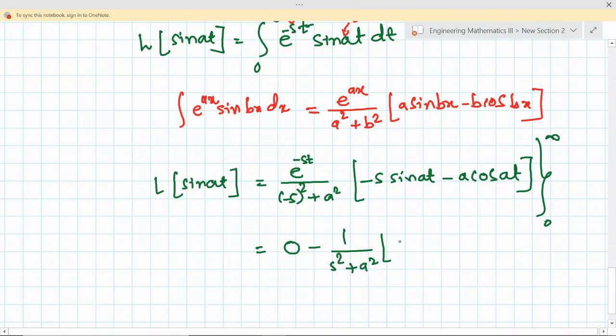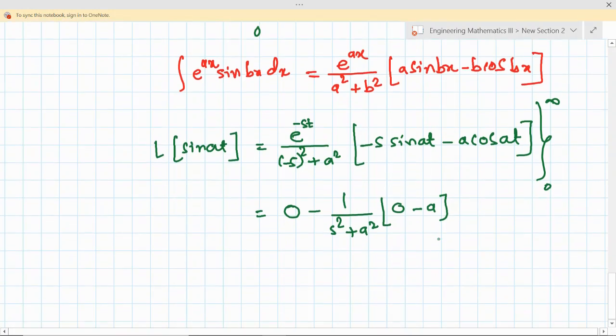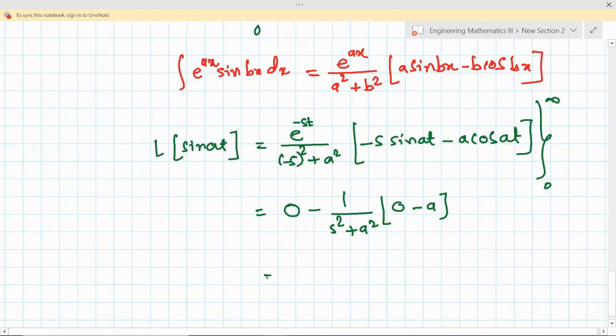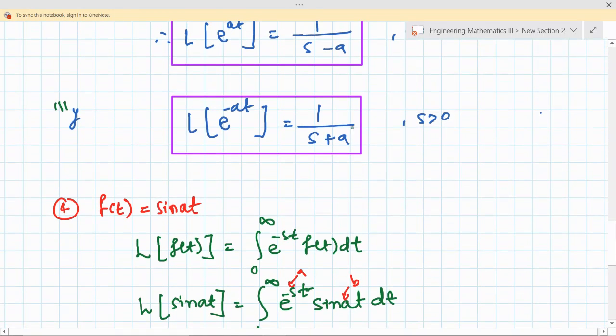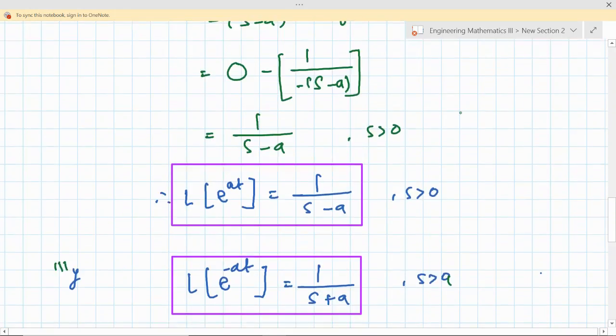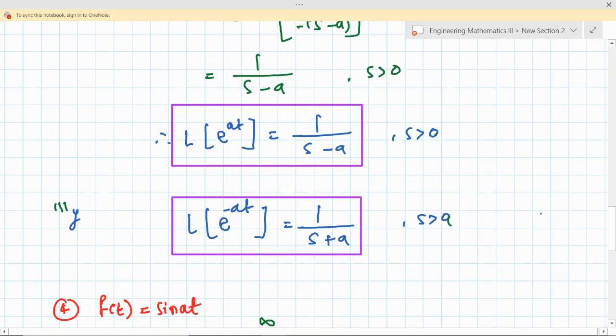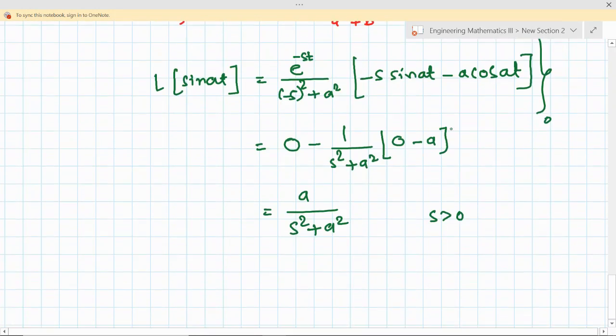Sine 0 is 0, therefore this term becomes 0, minus a into cos 0 is 1, therefore minus a is there, and minus minus becomes plus, therefore it is a divided by s square plus a square, where s is greater than 0. Okay, so here s is greater than a, not 0. Here also s is greater than a, not 0, otherwise it becomes minus.